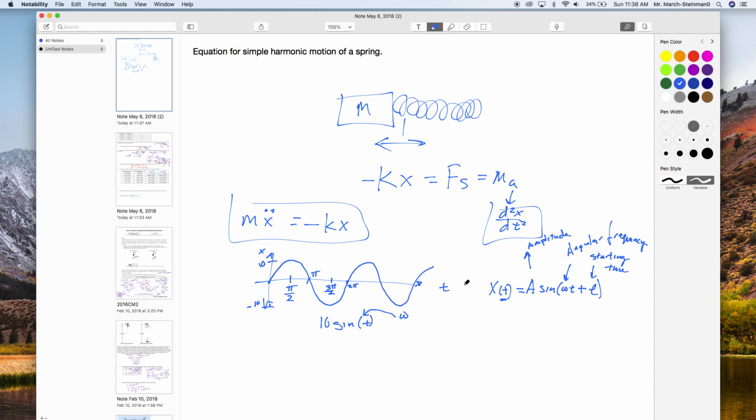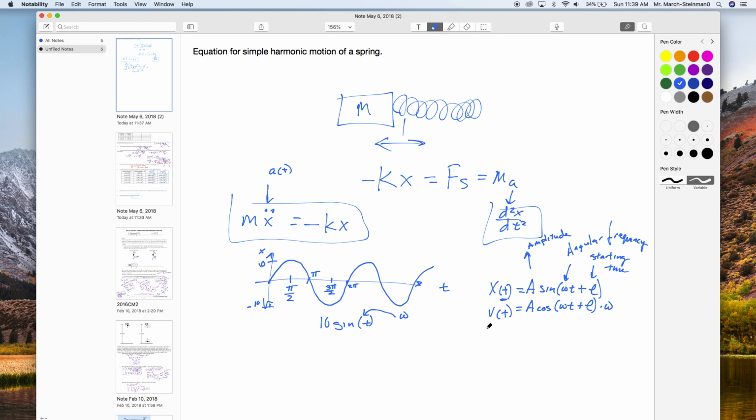Now, this is also an acceleration with respect to time value, and if I want to find that value to come up with something sensical for my equation, I say v of t is A cosine of omega t plus phi. Then I do the chain rule on the inside times omega.